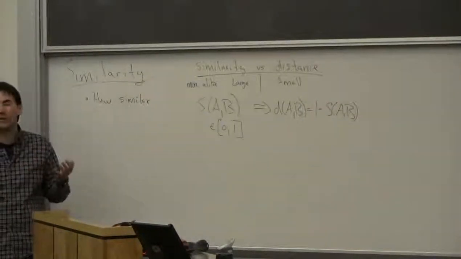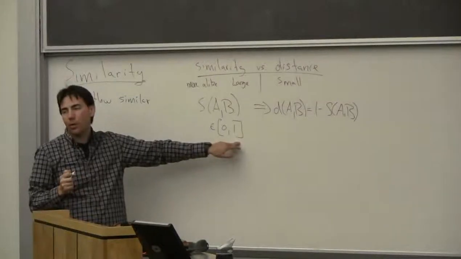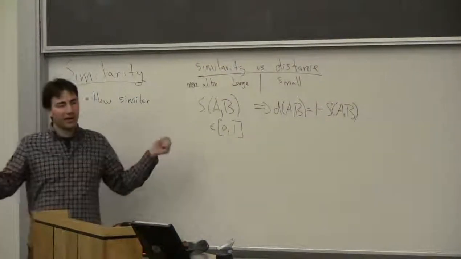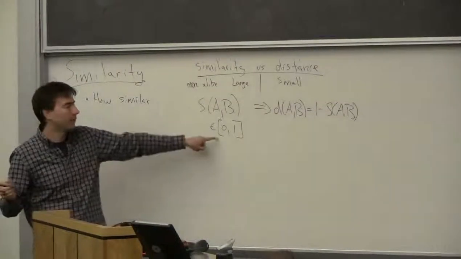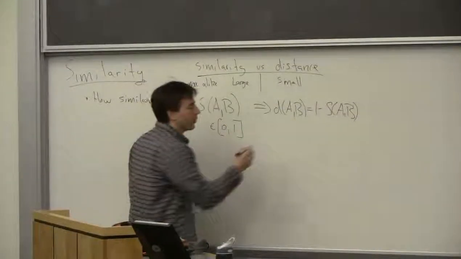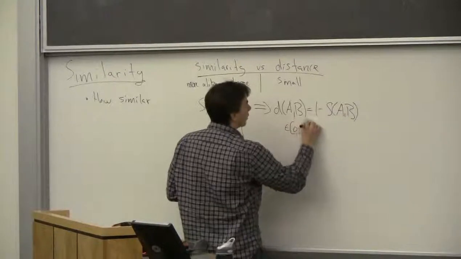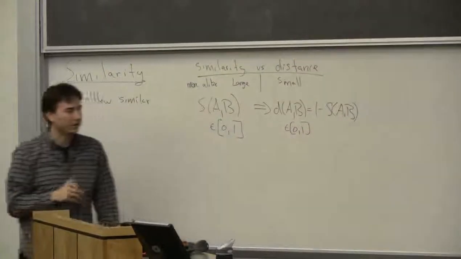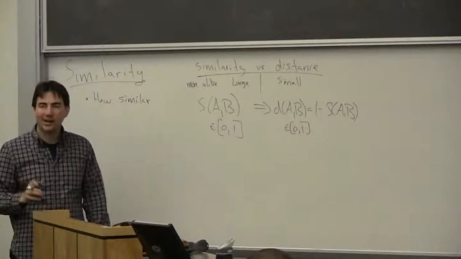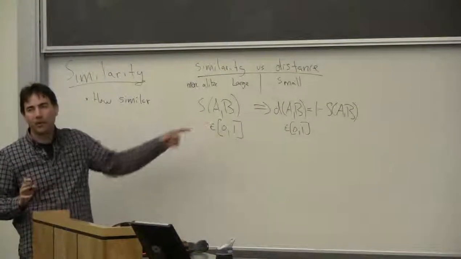This is a fairly common thing: if things are identical to each other, they're going to have a value 1. If they're completely different from each other, they're going to have a value 0. Then if you convert it to the distance, the distance is also going to be in [0, 1]. We'll talk about distances and more general types of distances later. And this is one way of converting them.